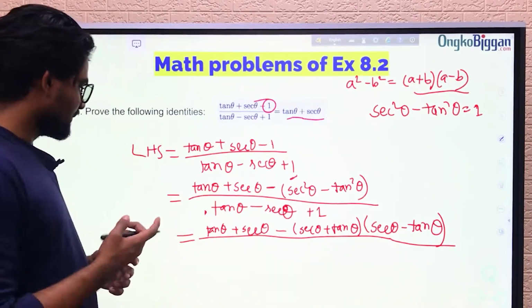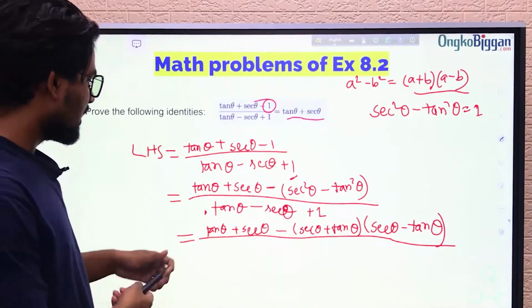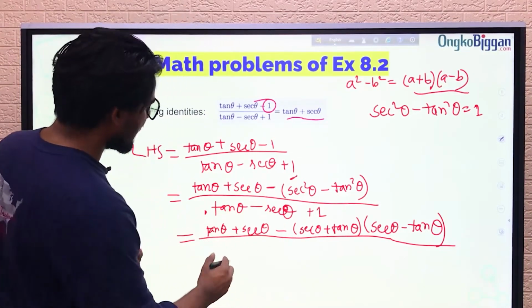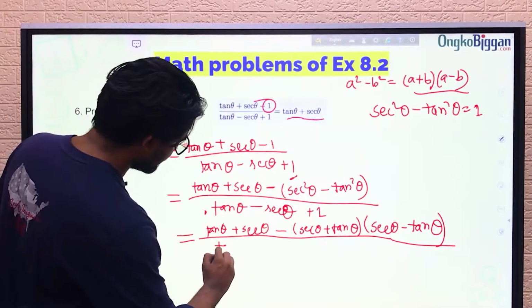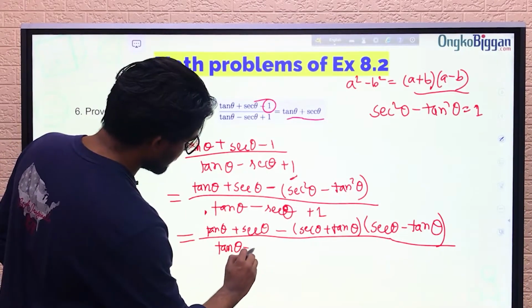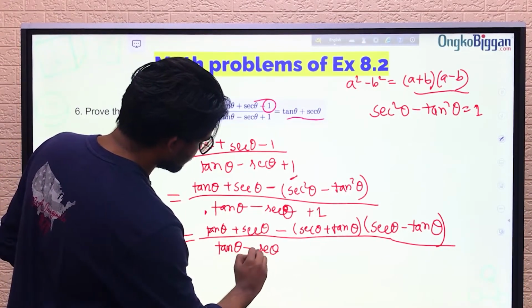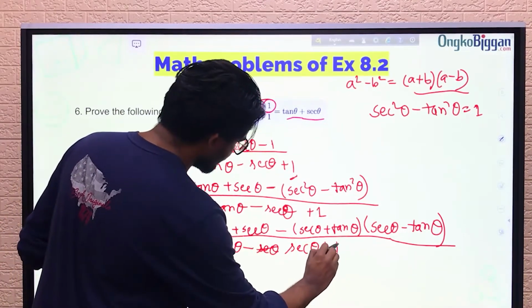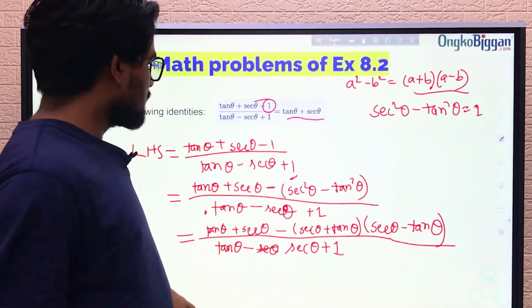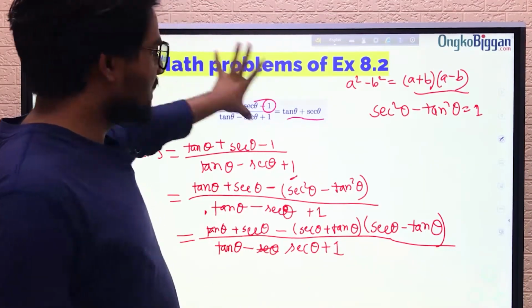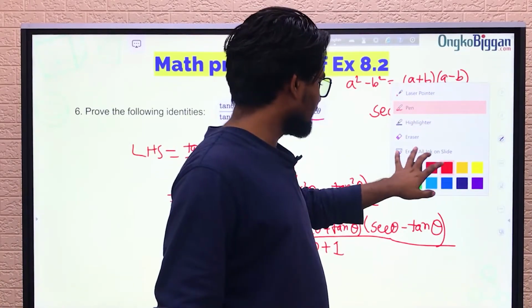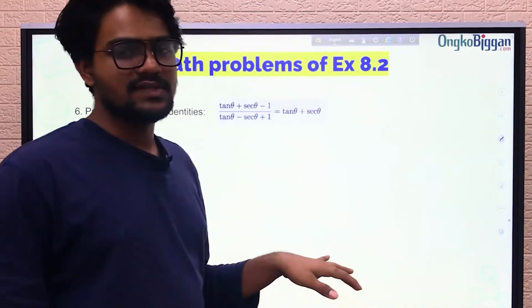And I'm going to write the original denominator again, because I haven't changed anything in this denominator: tan theta minus sec theta plus 1. I don't have enough space on the board, so I'm going to erase all the ink on this slide and move on to the next process.